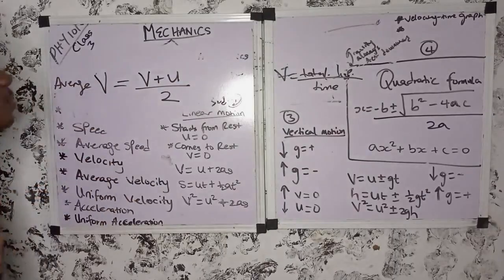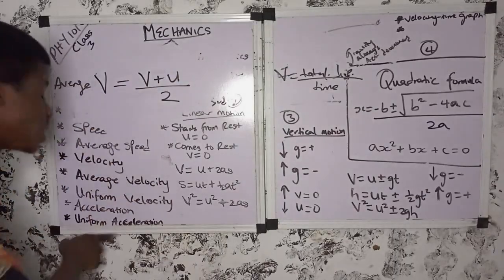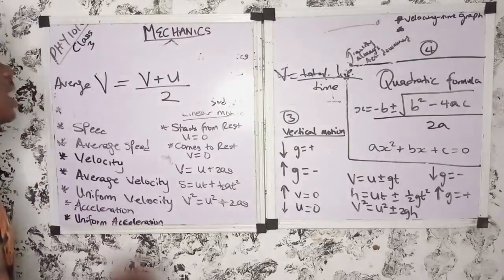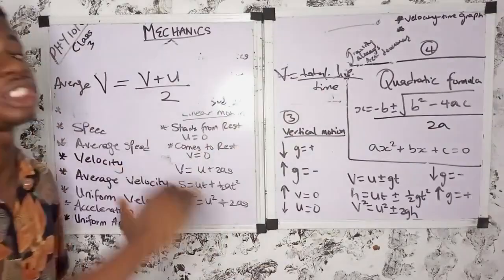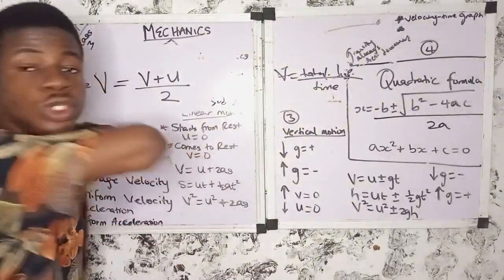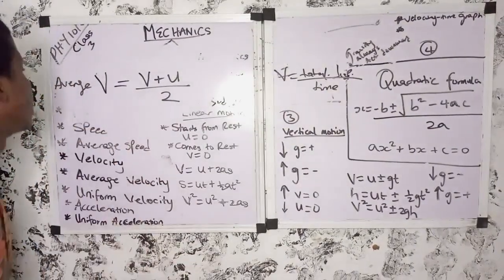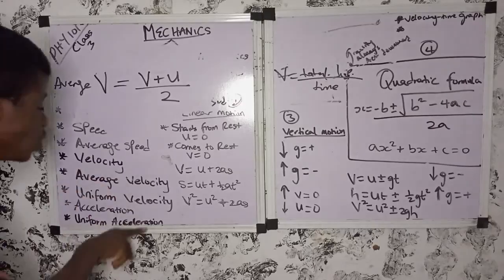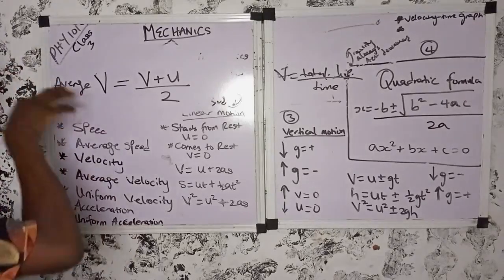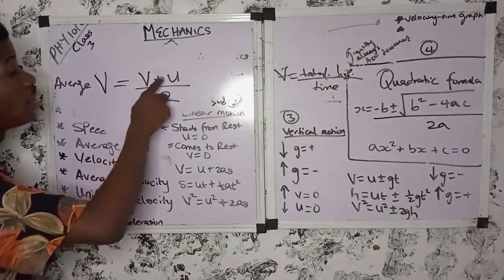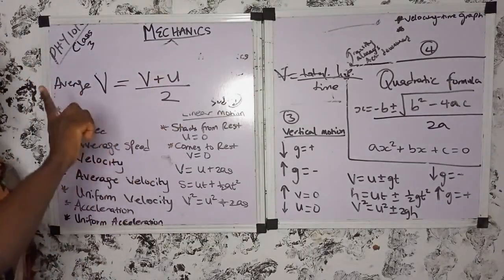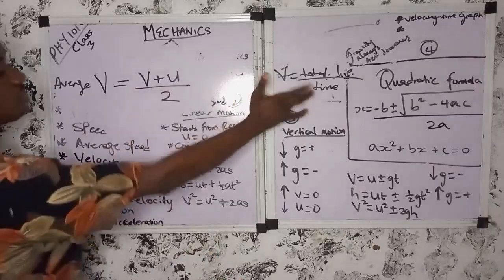Okay, so when a body is moving with a uniform acceleration, remember the formula for average velocity is total displacement divided by the total time, right? Yes. Now, when a body is moving with a uniform acceleration, the average velocity of that body is equal to the final velocity plus the initial velocity divided by 2. Okay, so please take note of this.